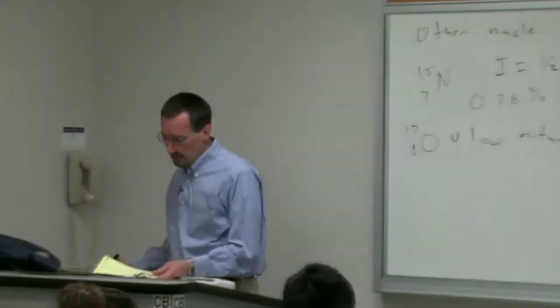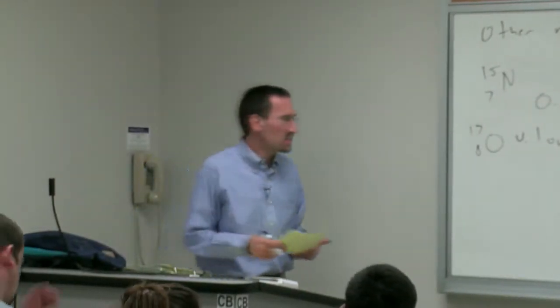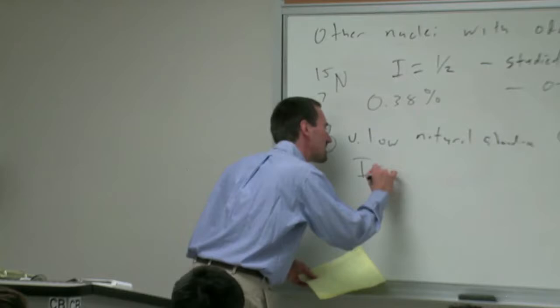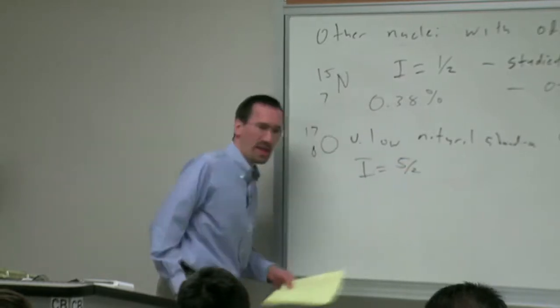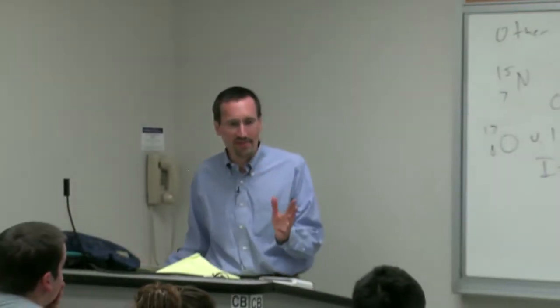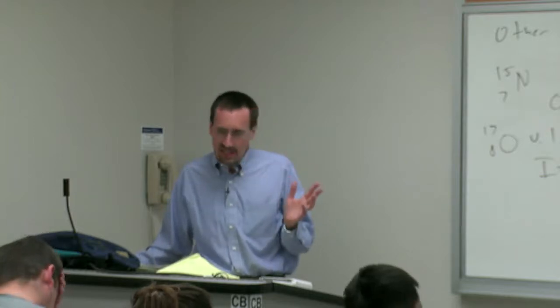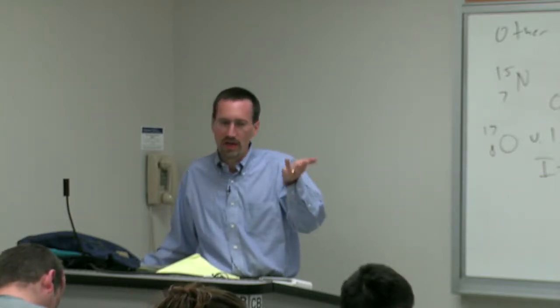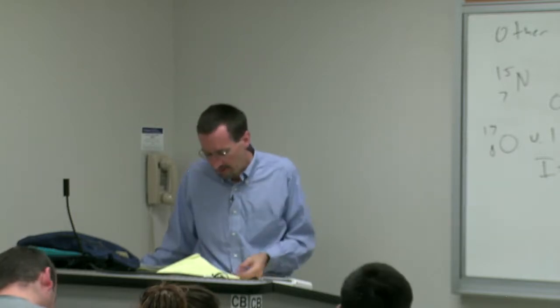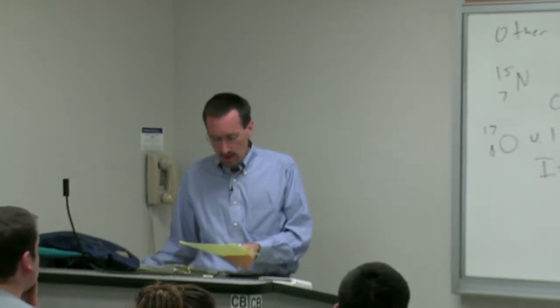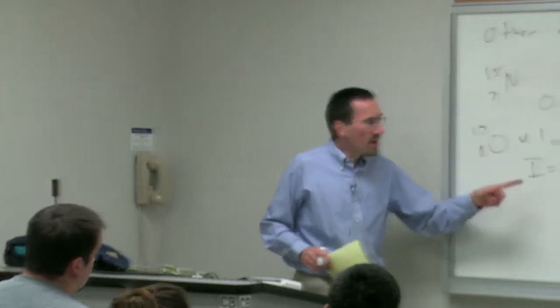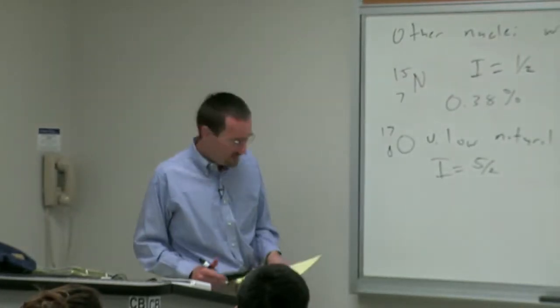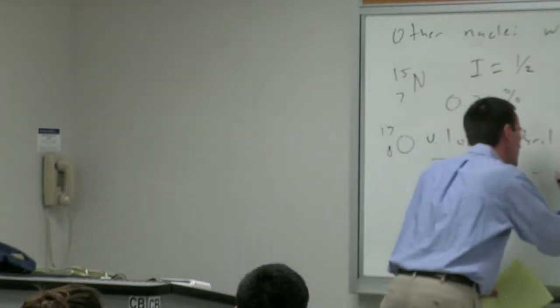And oxygen 17 has a spin number of I equals 5/2, so that's a nucleus that can have 6 spin states: -5/2, -3/2, -1/2, +1/2, +3/2, +5/2. And so it's sort of doubly damned, and so it's not generally studied.